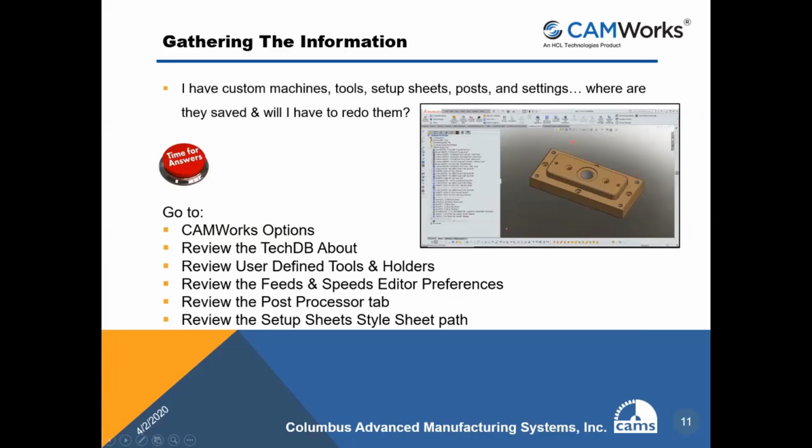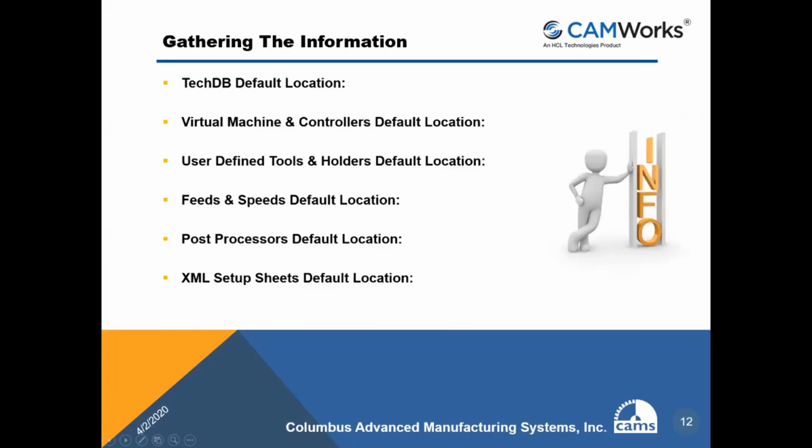Going forward, I've got a summary of where some of those locations are. It's kind of hard to see some of those in the videos, so you can see the exact path. The TechDB is located in the CAMWorks data, CAMWorks 20xx folder, whatever the year, 2019 in that example we showed, x64 TechDB.